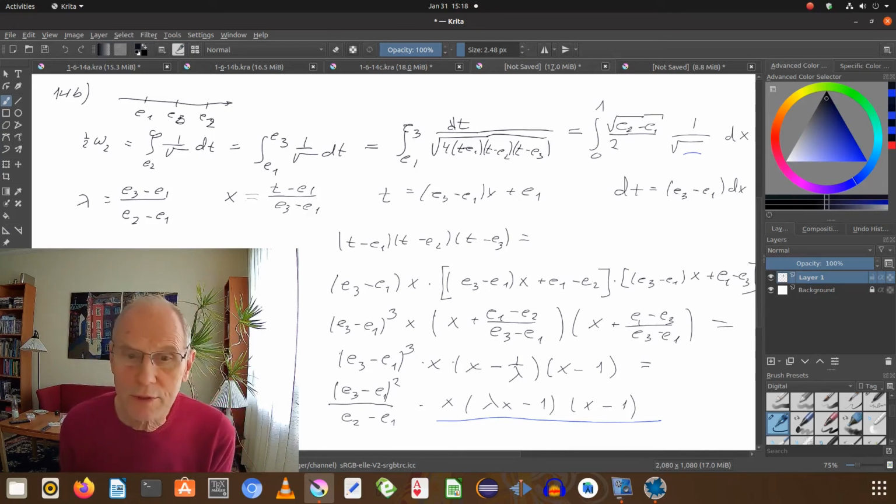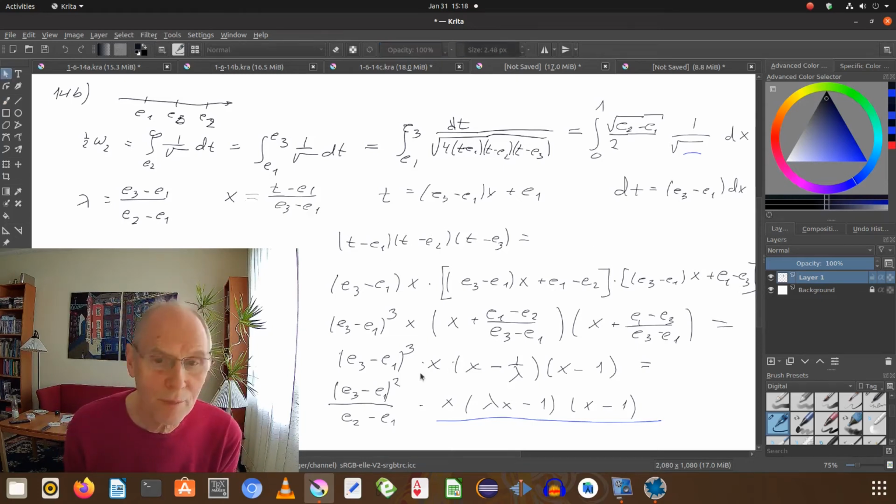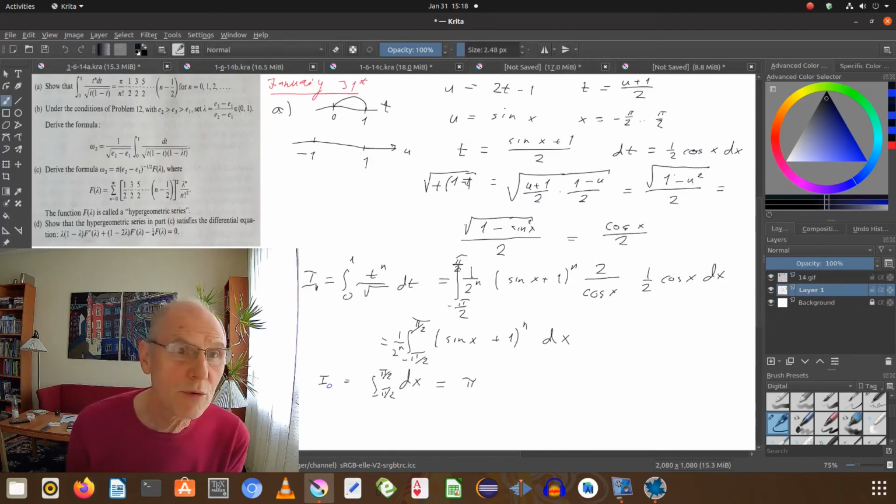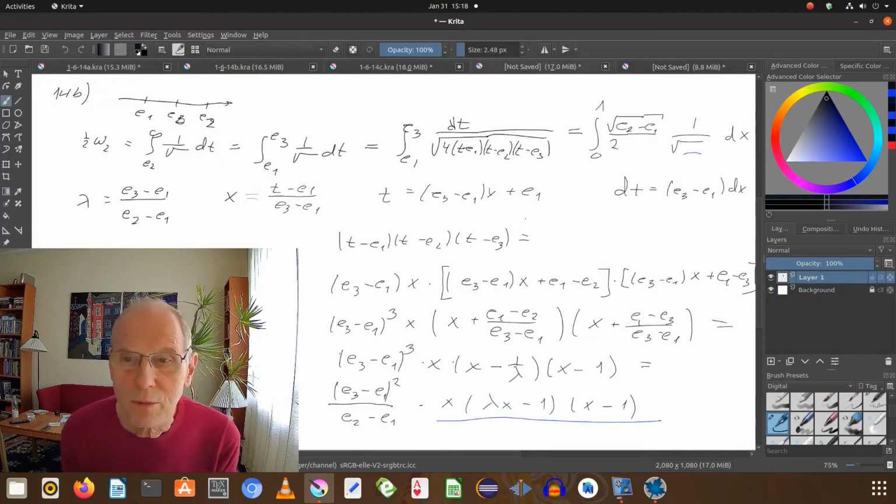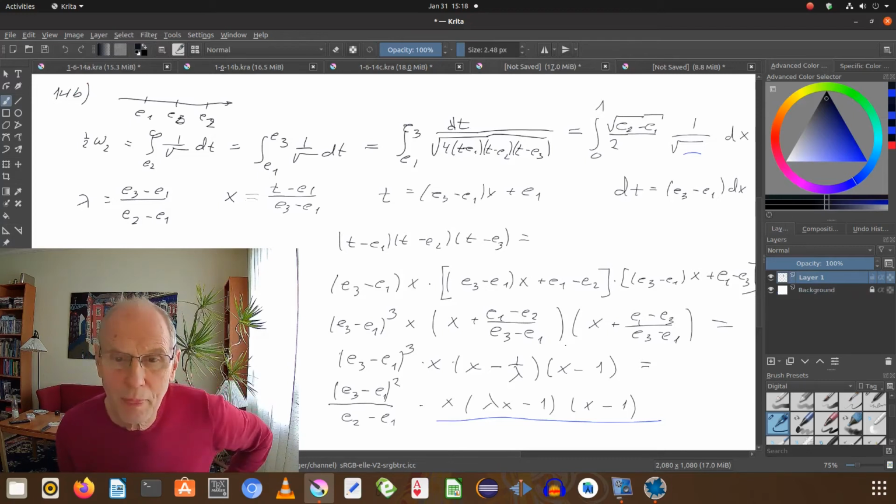So there's only this square root that is still being a problem. It should be the square root, but not in the numerator and in the denominator. So where did that come from? That was lambda.